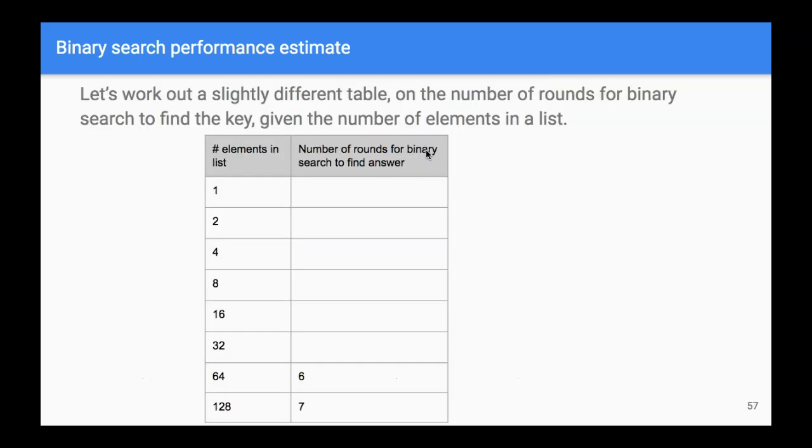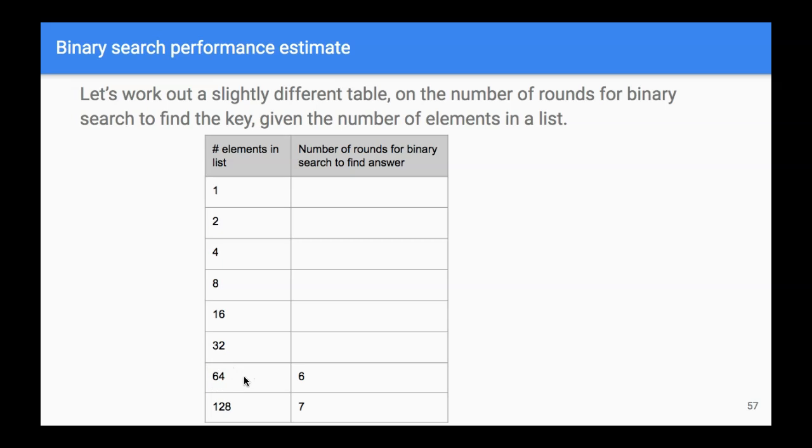Now let's do another table, but in a slightly different way. In this table, the first column is just the number of elements in the list, and the other column is the number of rounds for binary search to find the key. We already know that for 128 elements, it takes 7 rounds.